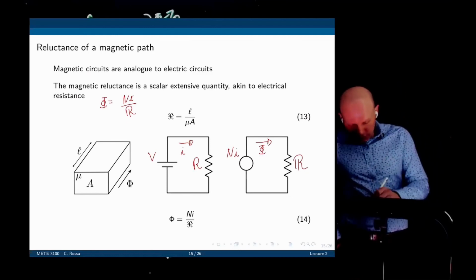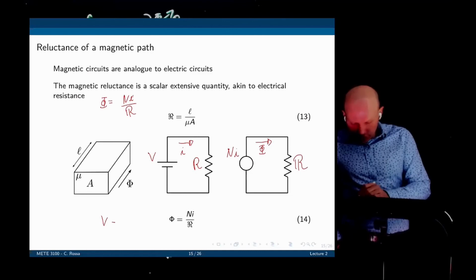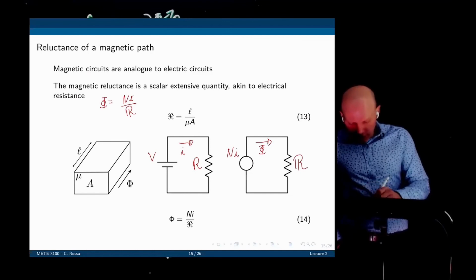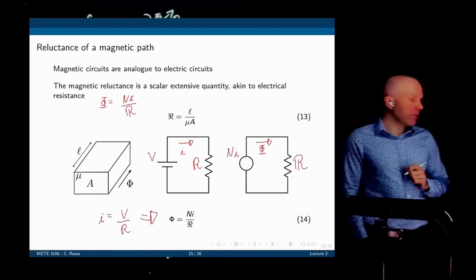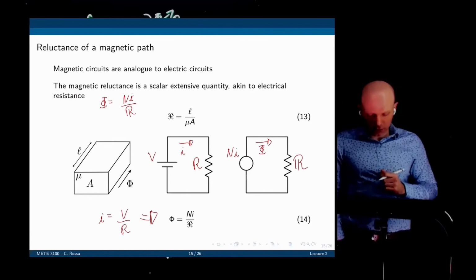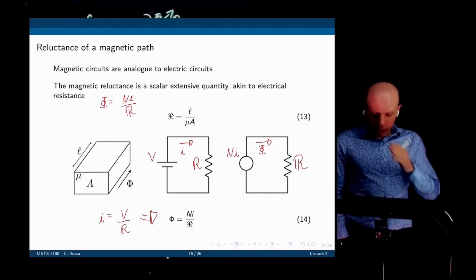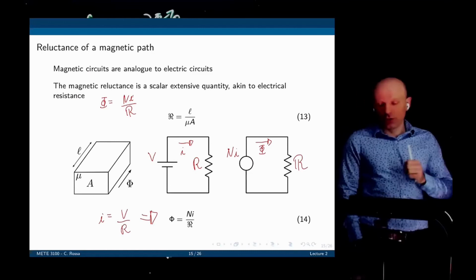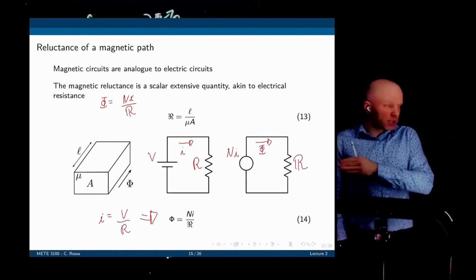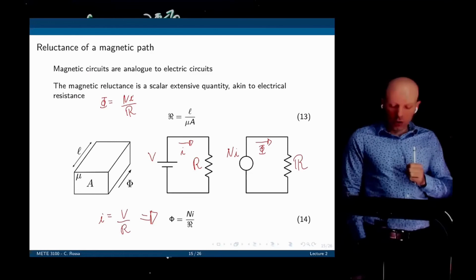So let's do this. I equals V over R, and we see the analogy in a magnetic circuit, phi equals Ni over R. Current is analogous to the flux, voltage is analogous to the magnetomotive force, resistance is analogous to the reluctance.